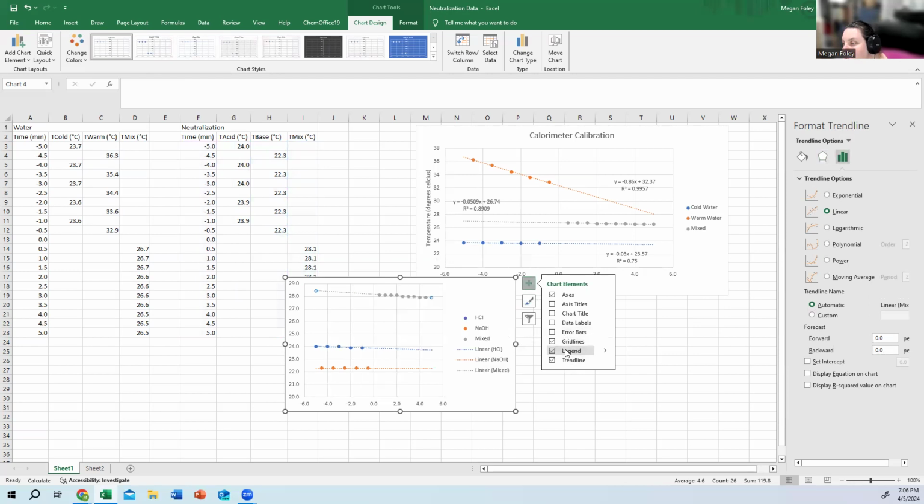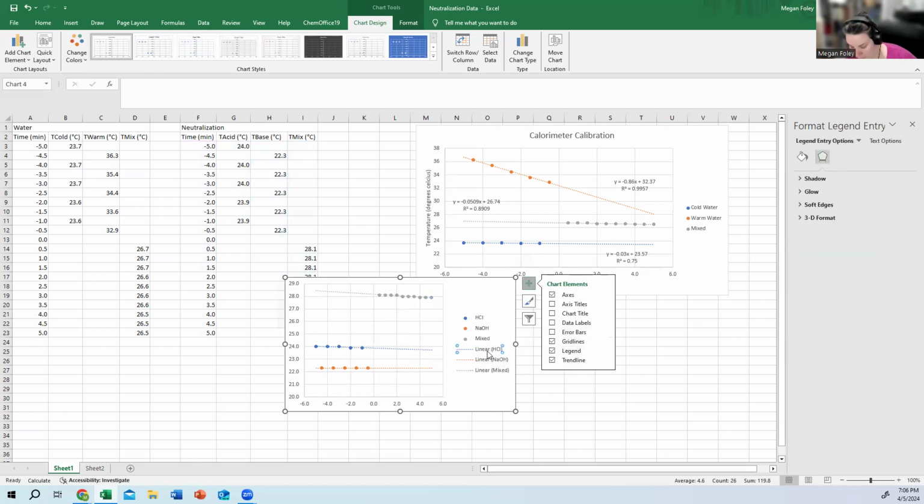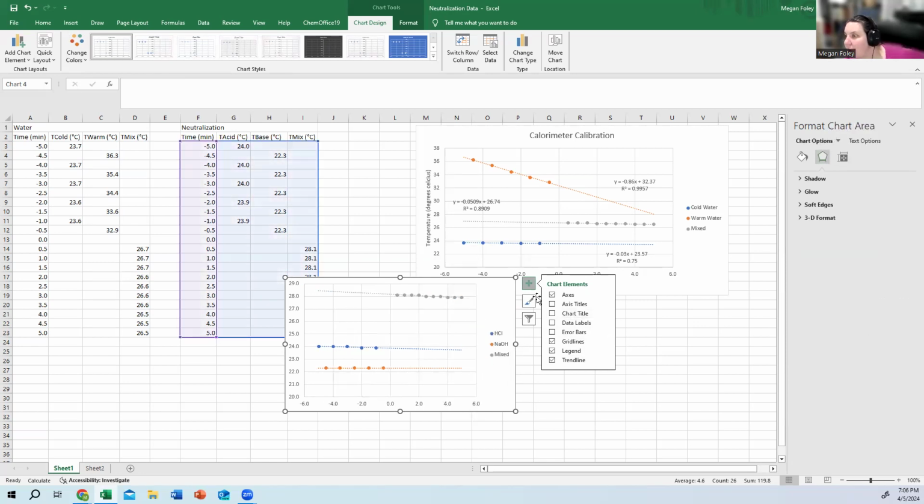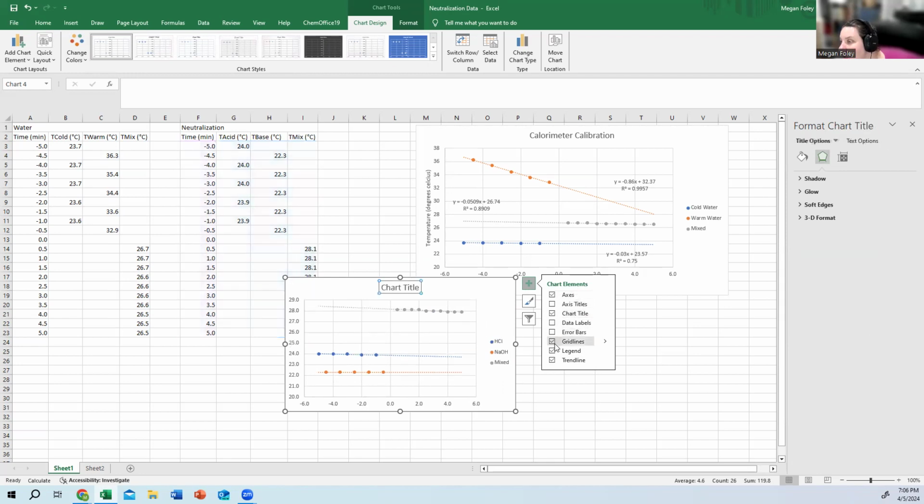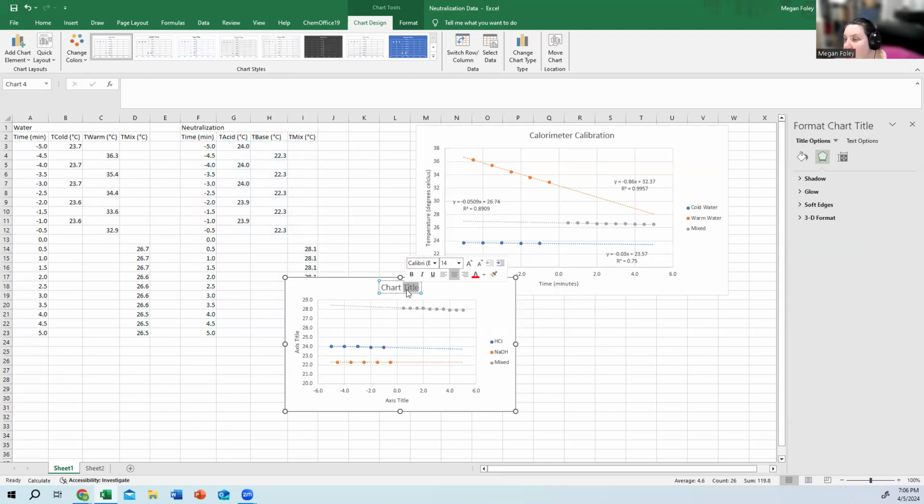And our legend, making sure to remove that. We're gonna add in a chart title and axes titles. And this would be our neutralization graph. And then this is going to be, again, same thing.